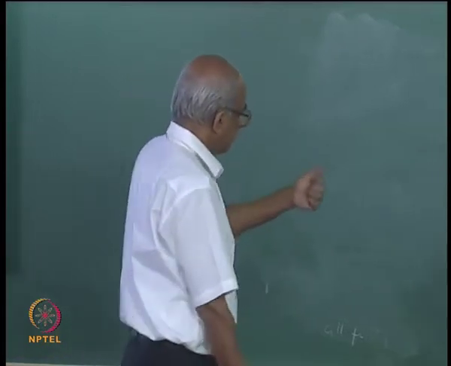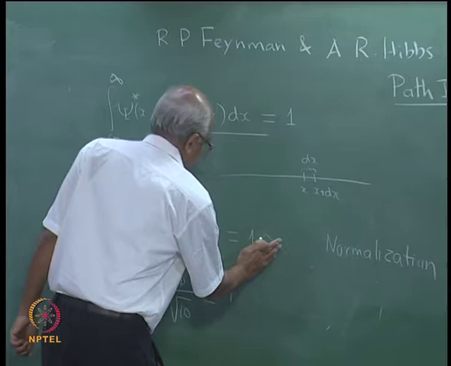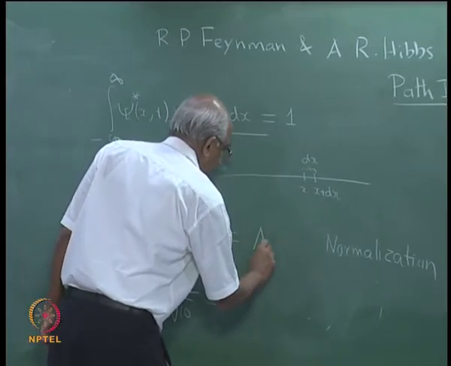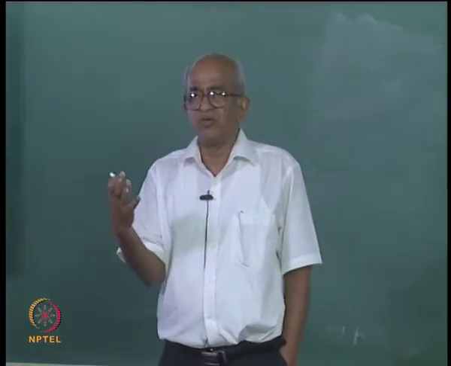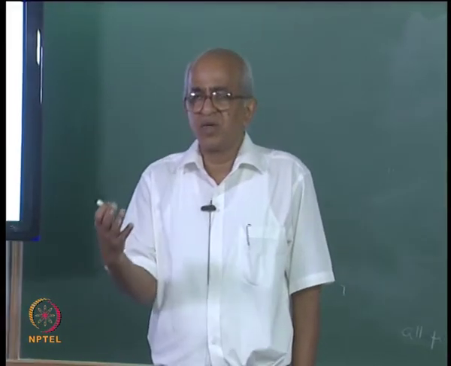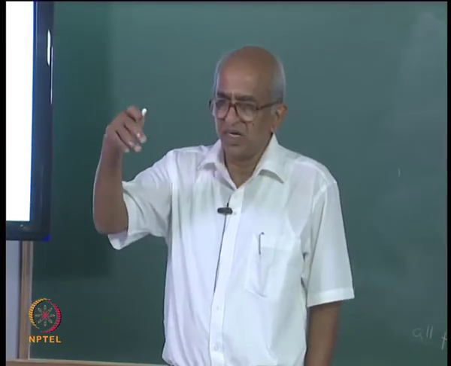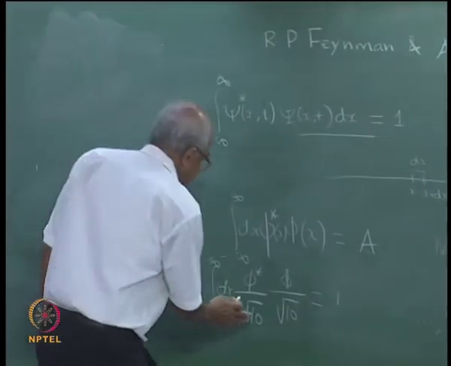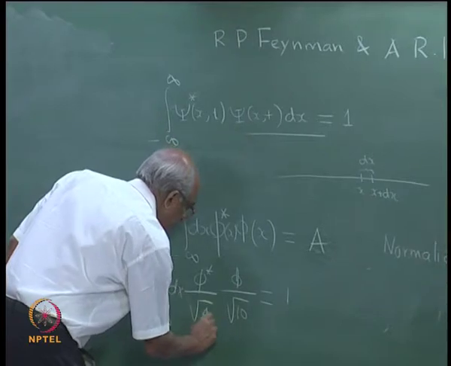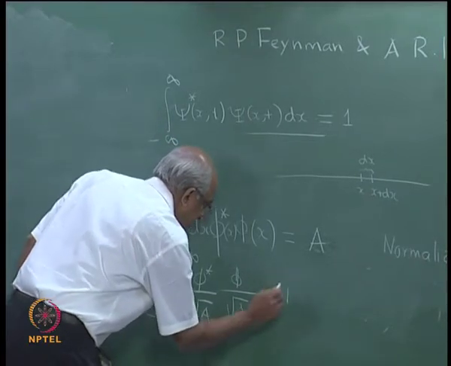So, suppose it is not 10, but it is equal to a constant which I denote as a. Then what will you do? You will take phi, multiply it by 1 by square root of a, that is all that you need to do. Then the new function is normalized.